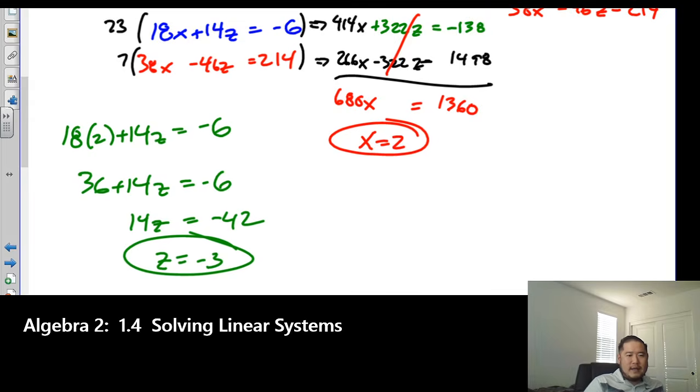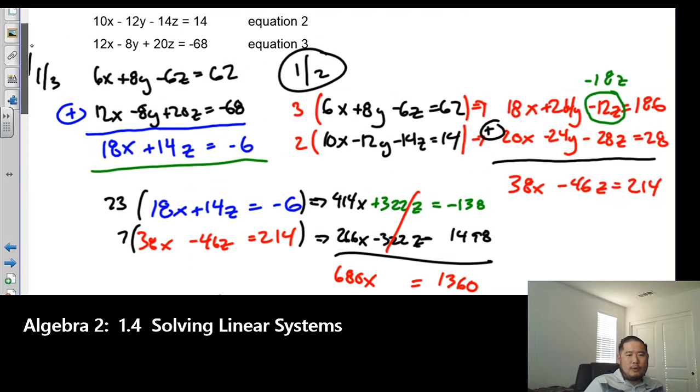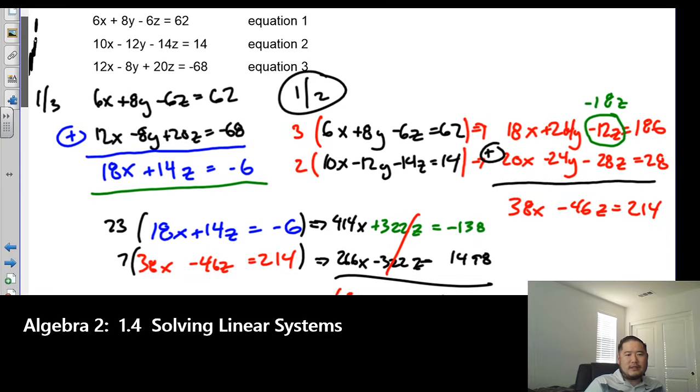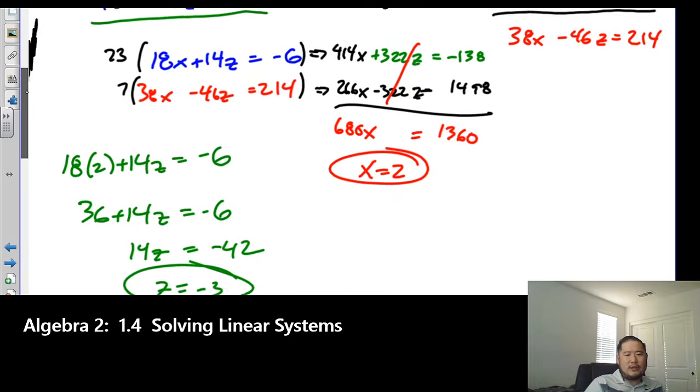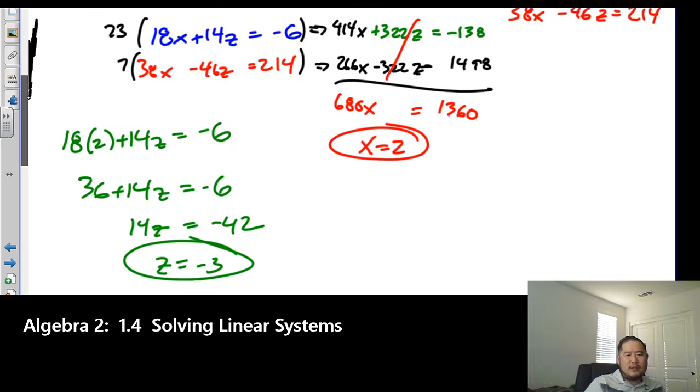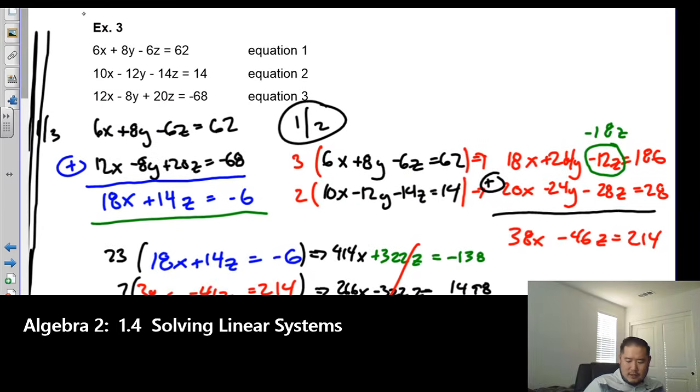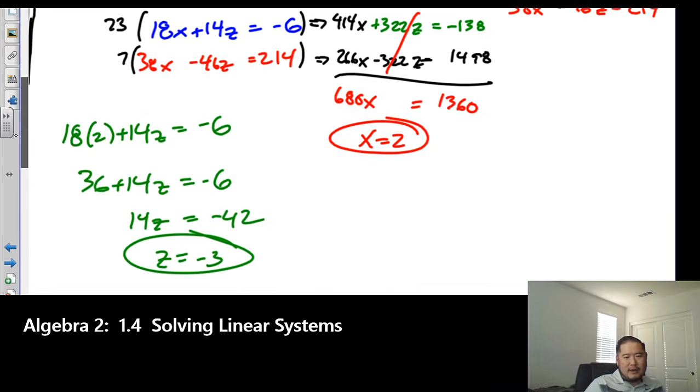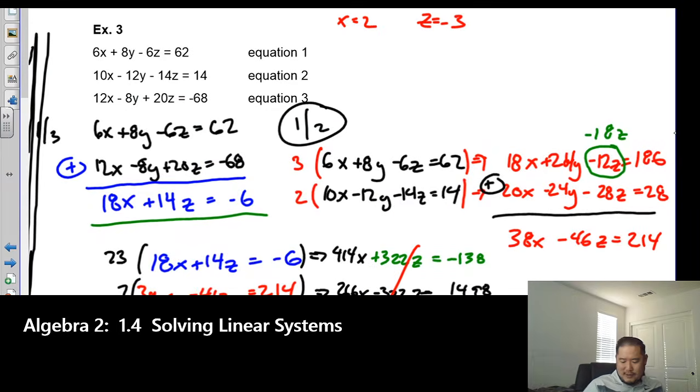And finally, to find y, we will plug it into one of the original equations. Doesn't matter which one. So we have x is 2. Remember, z is equal to negative 3. Let me double check right here. Yes.